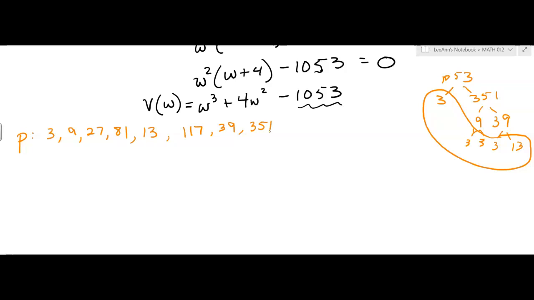Now you wouldn't have to necessarily write those all out. You might say, well, I really don't think it's going to be 351. But anyway, there they are. Those are factors of 1053. Those are all the P's. Oh, I left off 1.